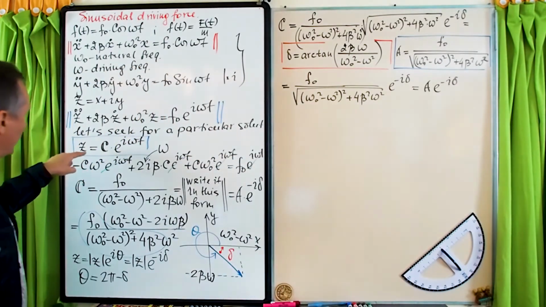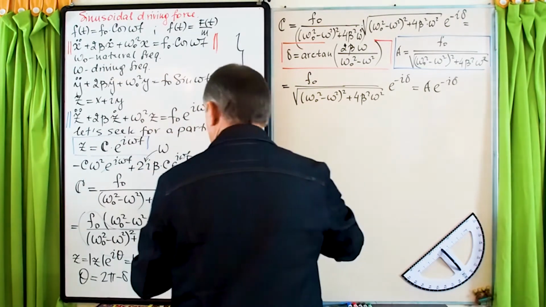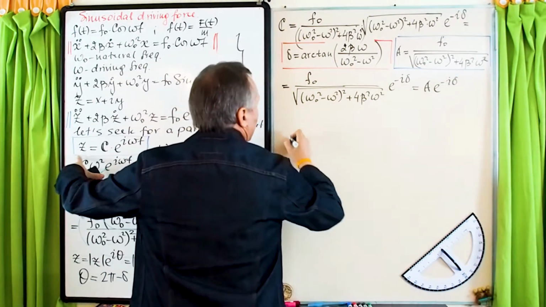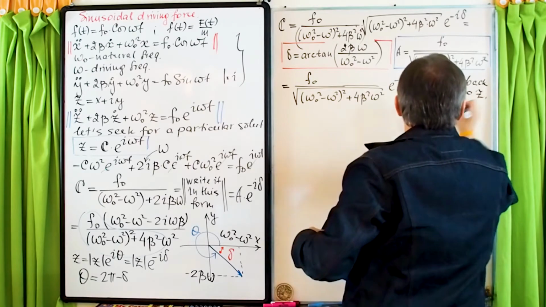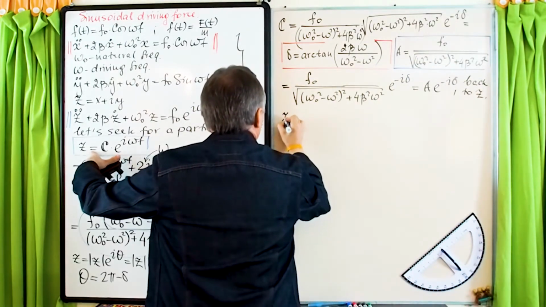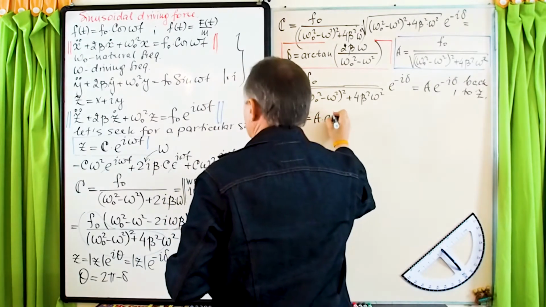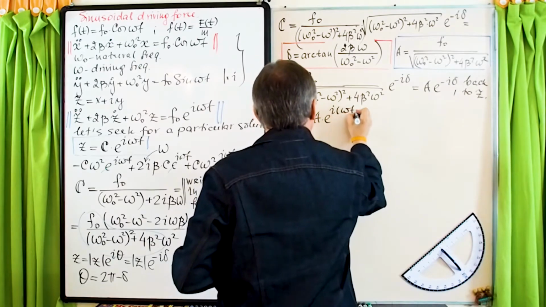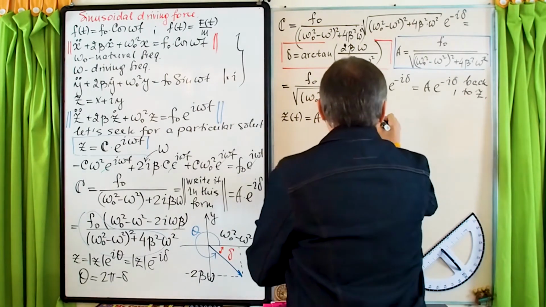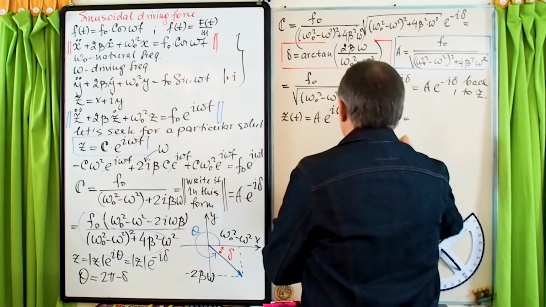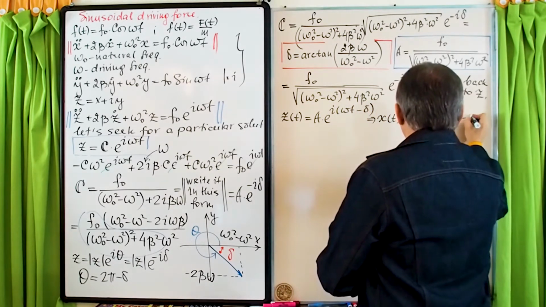Going back to this z, and using this form of c, z as a function of time will be A e to the power of i(omega t minus delta). Taking the real part is a piece of cake: x as a function of time is equal to A times cosine(omega t minus delta).